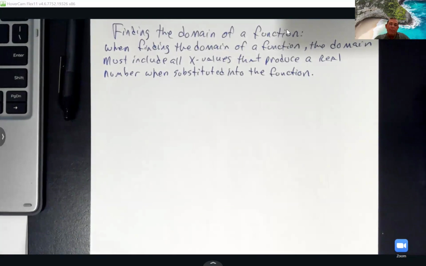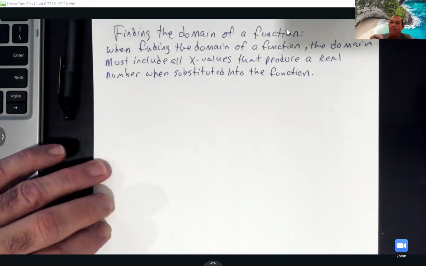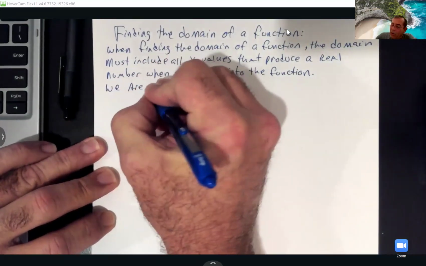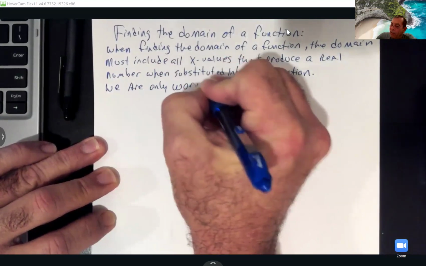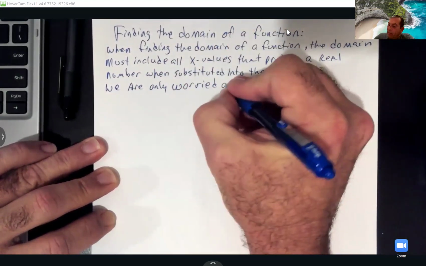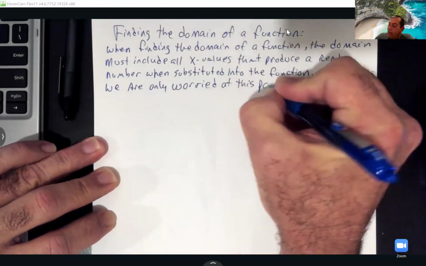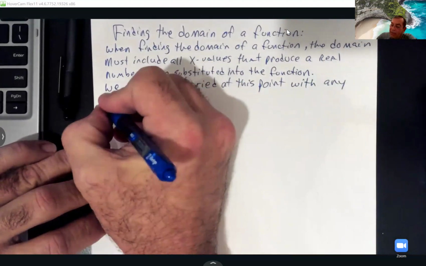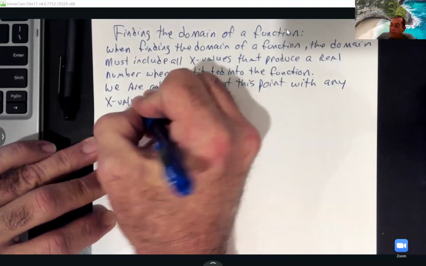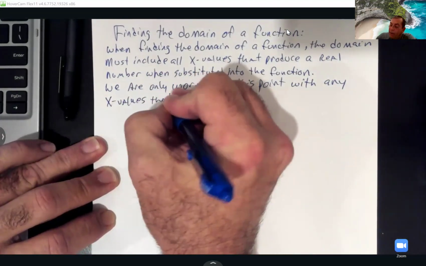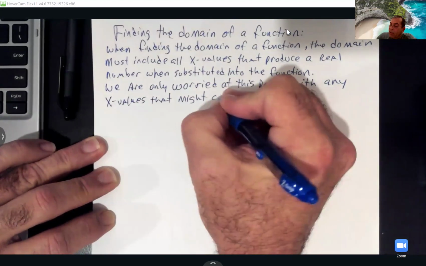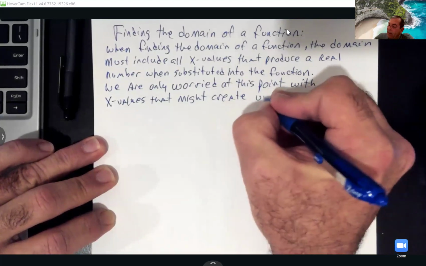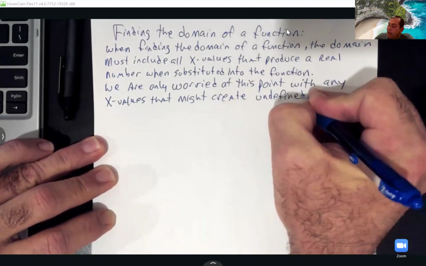So, do y'all remember what makes a number undefined? So, we are only worried at this point with any x values that might create undefined.